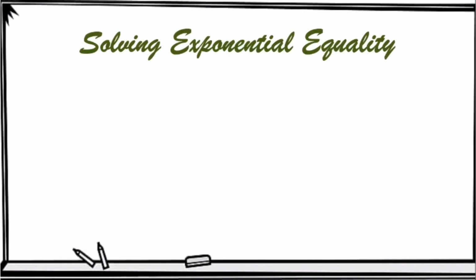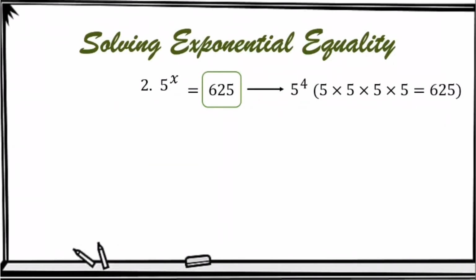Okay, so let's have another example. Let's have number 2. We have given 5 raised to x is equal to 625. Same with number 1, our goal here is to have the same base and find the value of the variable. So, factor 625 as 5 raised to 4 because 5 raised to 4 is equal to 625.